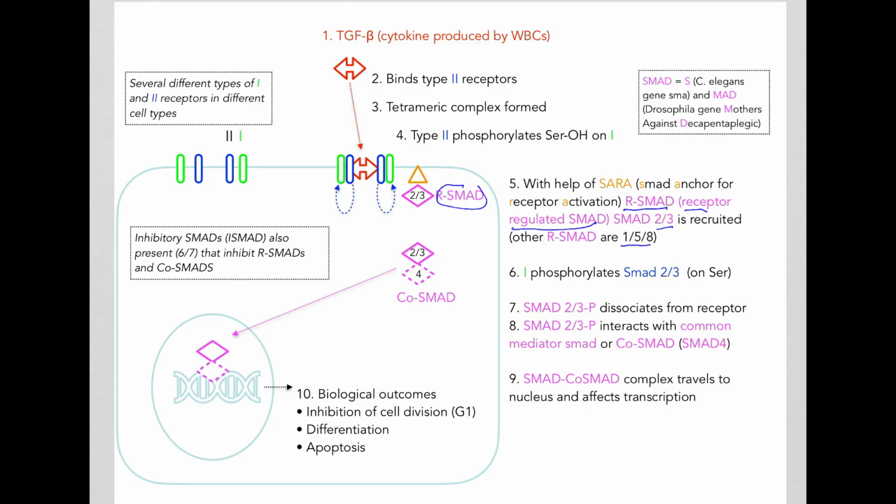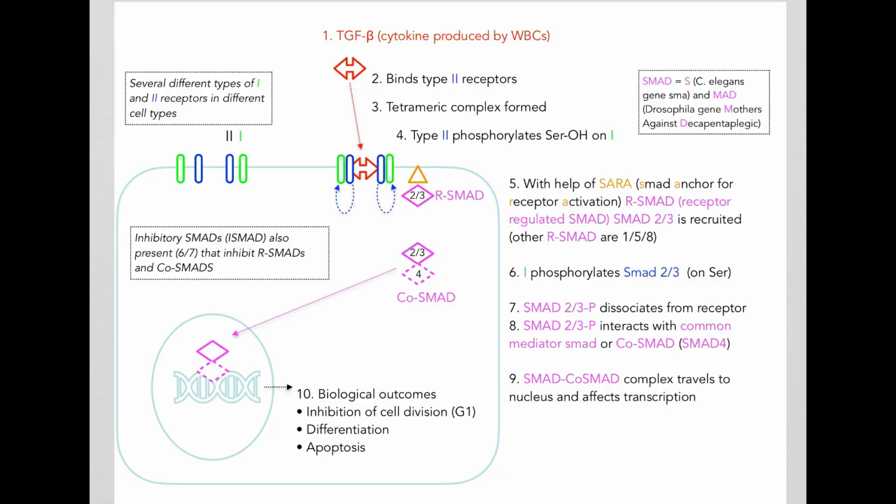But the one that is recruited by this TGF-beta signaling is SMAD2/3. So this RSMAD2/3 is recruited to the receptor with the help of a protein called SARA, which stands for SMAD anchor for receptor activation.